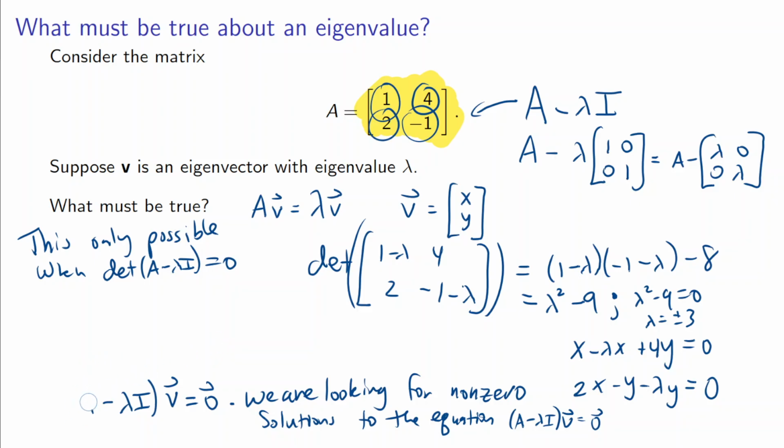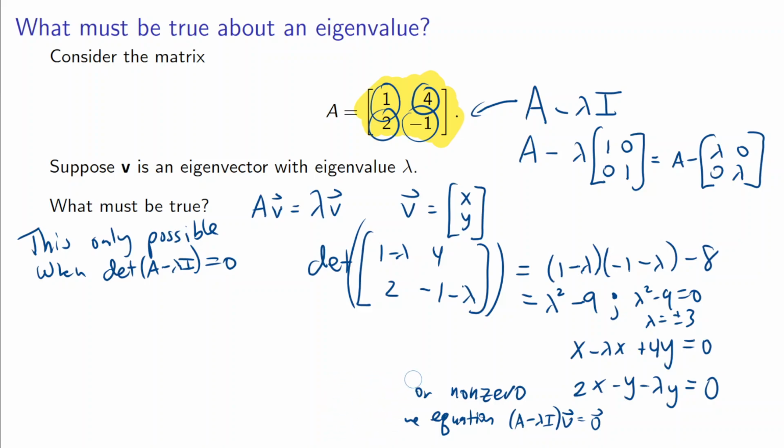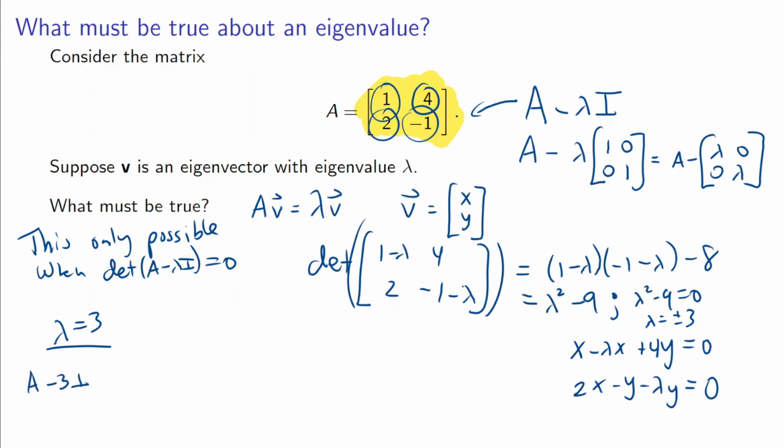If lambda equals 3, then an eigenvector v will be a non-zero solution to the equation A minus 3I times v equals the zero vector. So let's take a look. If lambda equals 3, let's consider A minus 3I times v equals the zero vector.